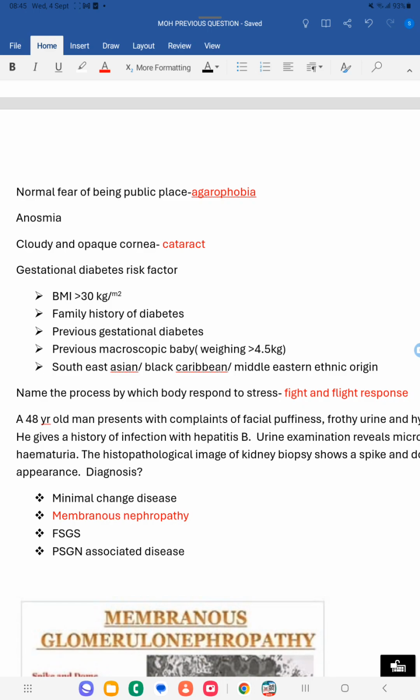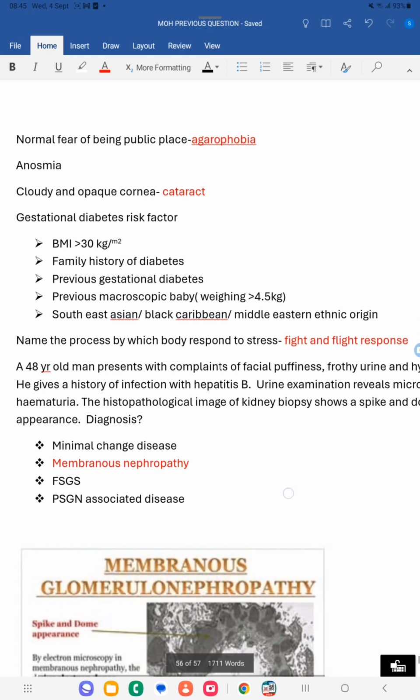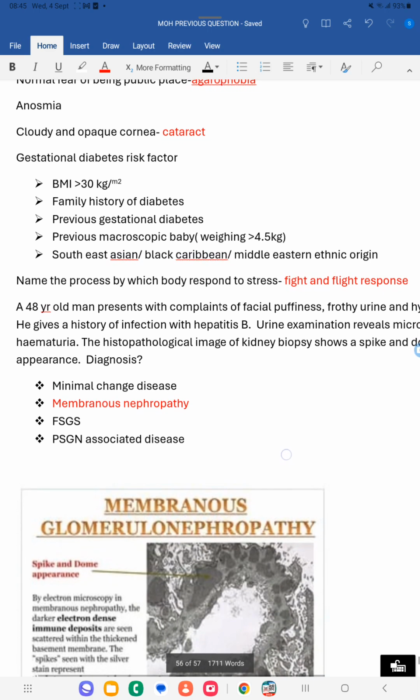So just see the options, then accordingly you have to answer. Then another question: the process by which the body responds to stress, that is the fight and flight response.